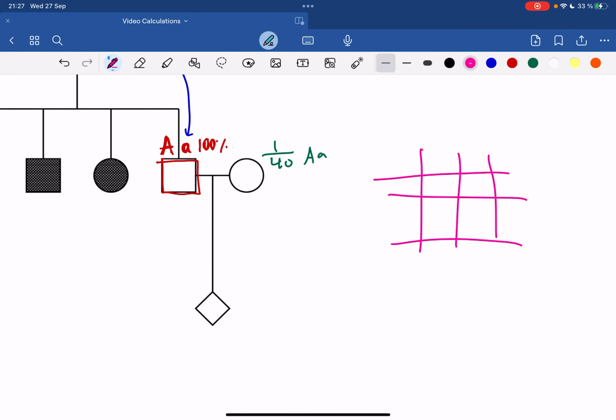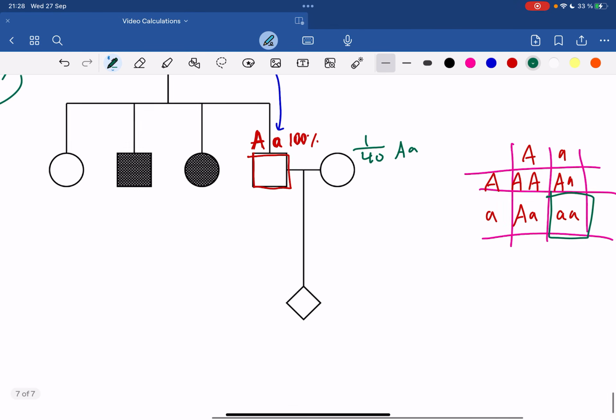So let's draw a Punnett square right here. And we know that it's 1 out of 4 chance.